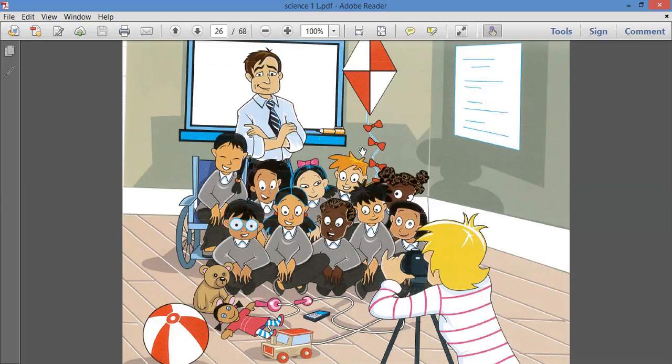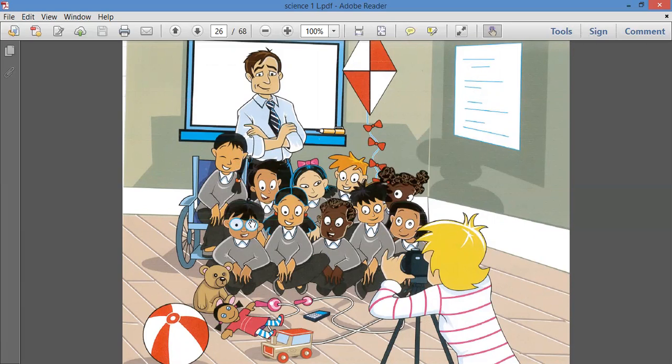Some have straight hair, some have curly hair, some of them have wavy hair. Look, some of them have wavy hair, and some of them have curly hair. Some of them have straight hair.